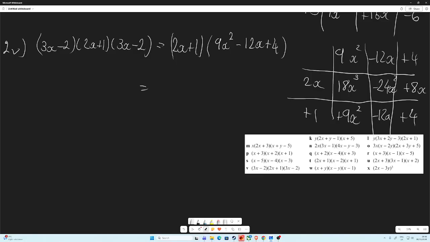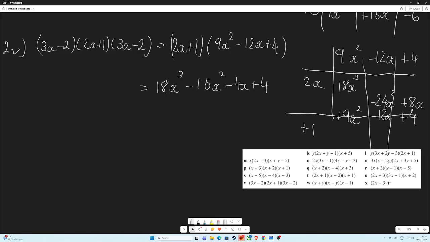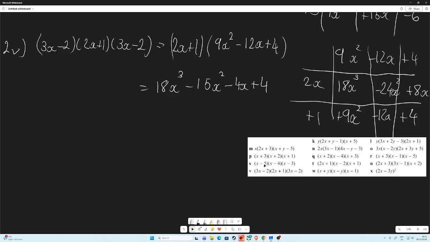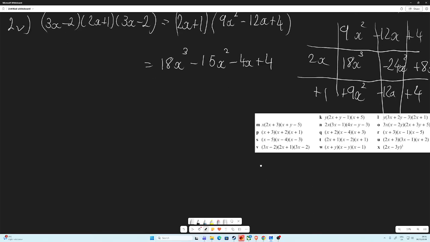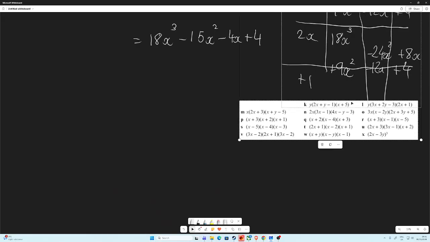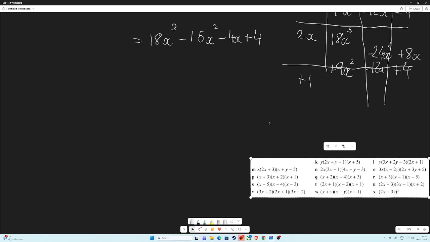So the answer is 18x cubed, plus 9 take away 24 is negative 15x squared, minus 12 plus 8 is minus 4x and plus 4. Okay, two more to go.